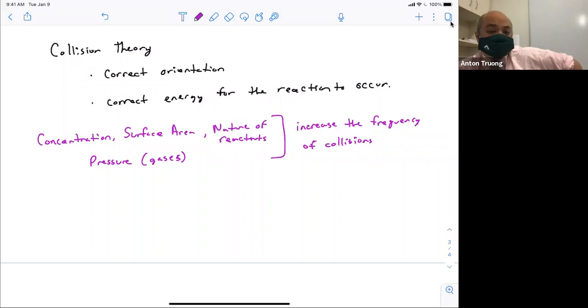Because if you increase the frequency of collisions, you increase the frequency of correct orientation. Just by default, the more collisions you have per second, the more of those collisions could be the correct orientation per second. So that's how that speeds up the reaction.